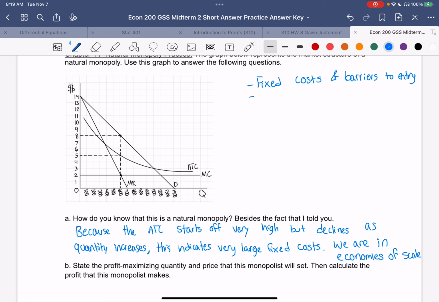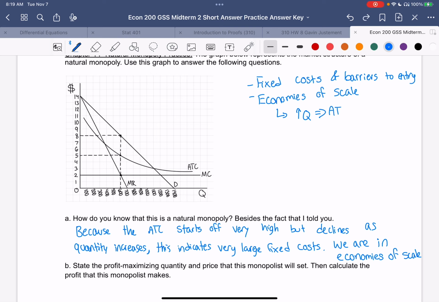As we increase output, this just means that as we increase quantity, our average total cost decreases. And we like that. That lowers the cost.